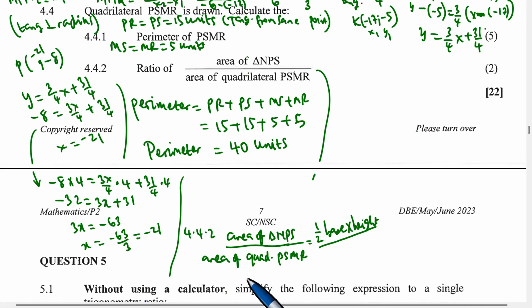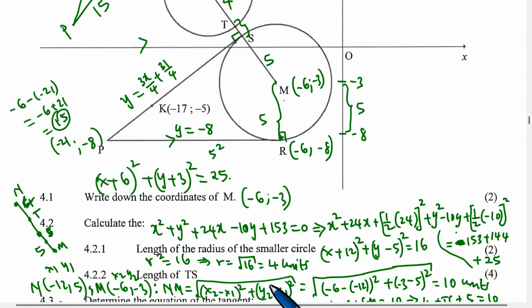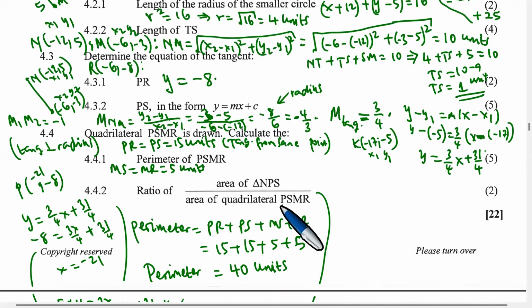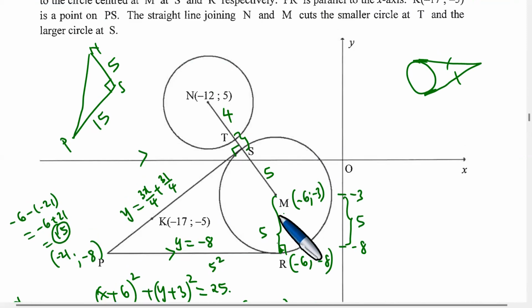the area of the quad, PSMR. What is the area of this quad? What kind of shape is this?